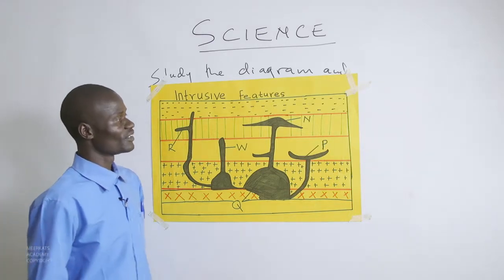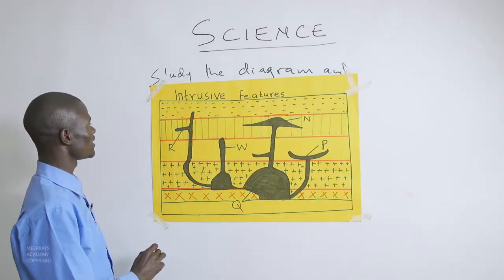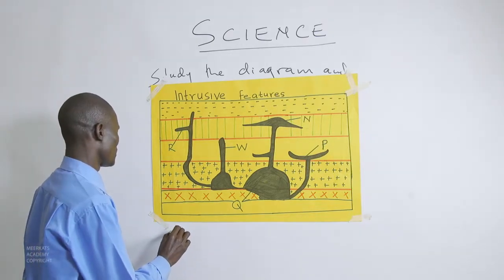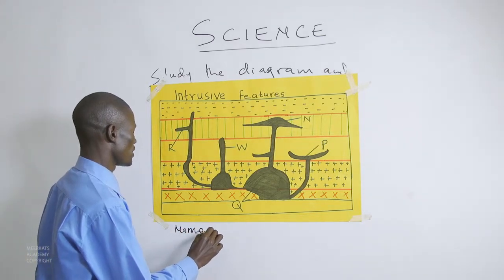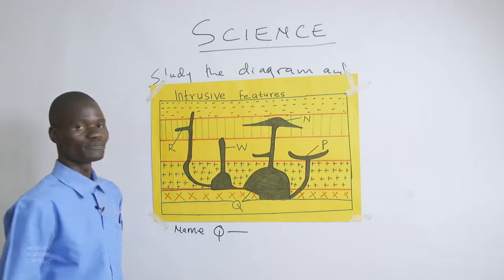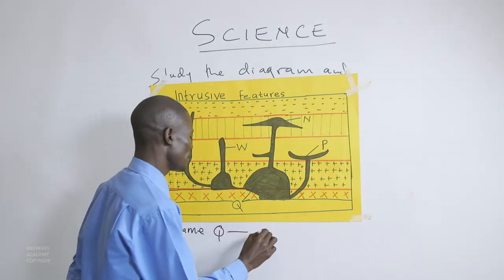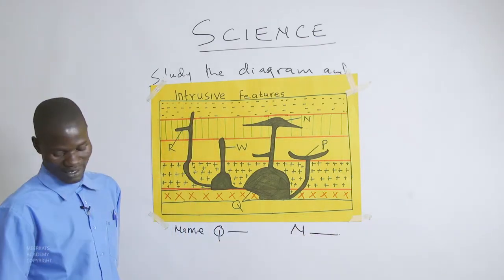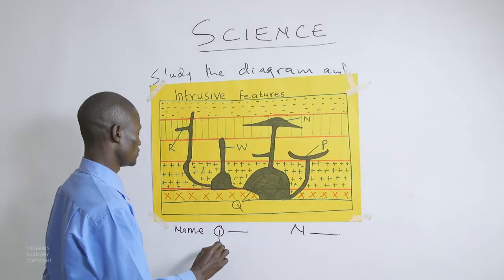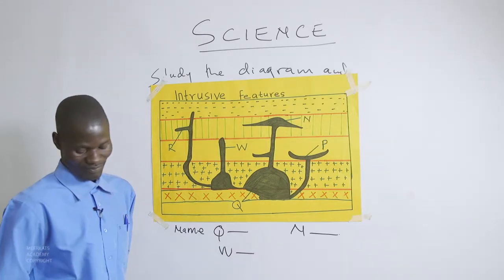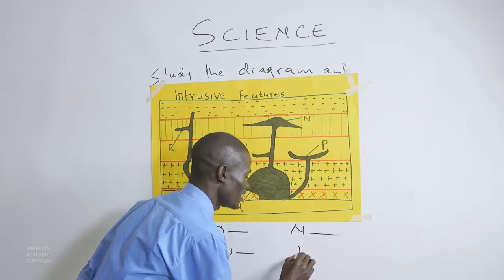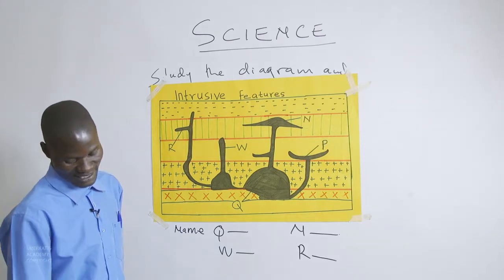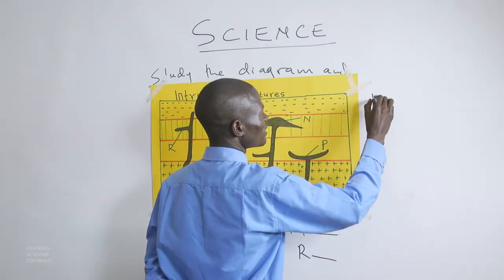We have to name and identify the following. We have to name Q. We name A, that is N. We also have to name W, R. And lastly, we have to name point P.